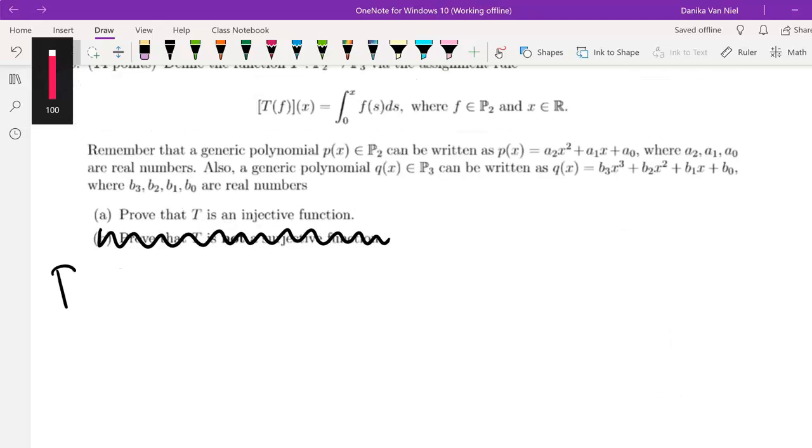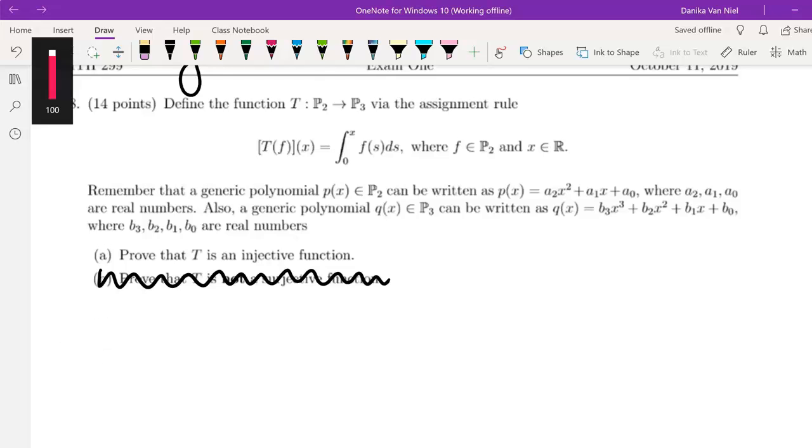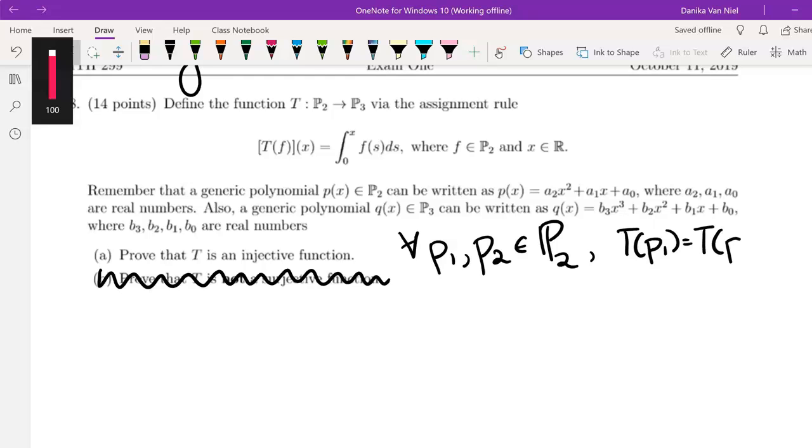Okay. So proof. Let's talk about what injectivity is, the statement. For all x1, x2 in our domain, so maybe let's call them p1, p2, if T of p1 equals T of p2, then it must be true that p1 equals p2.